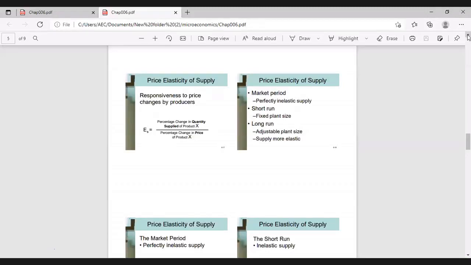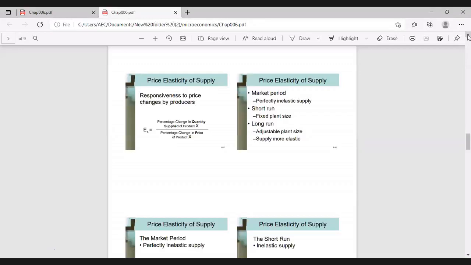The response is not large, since they have only a limited inventory in the store. But for agriculture products, the producer cannot produce more. So in the market period, for agriculture products, we can say the supply is almost perfectly inelastic.